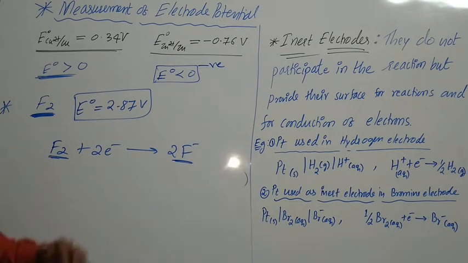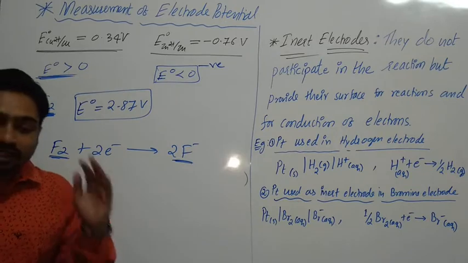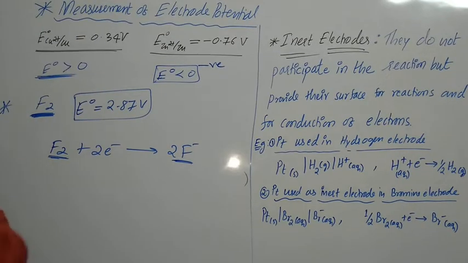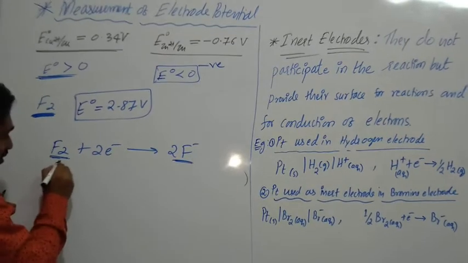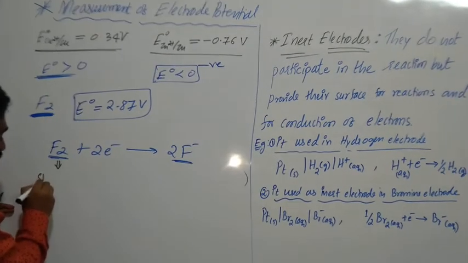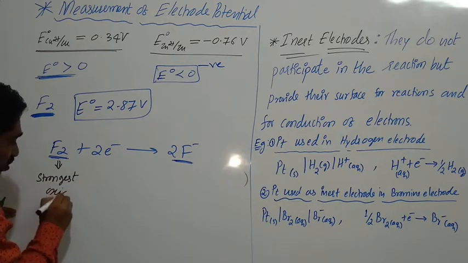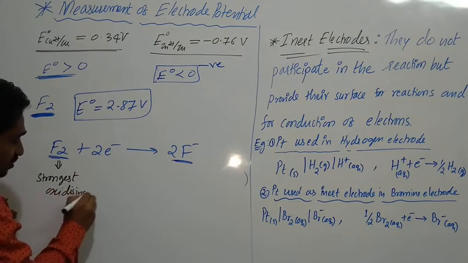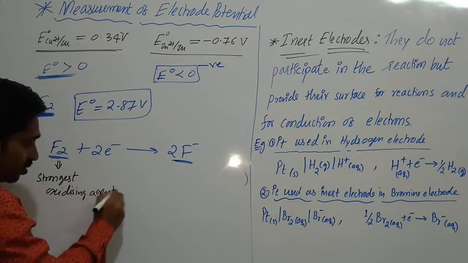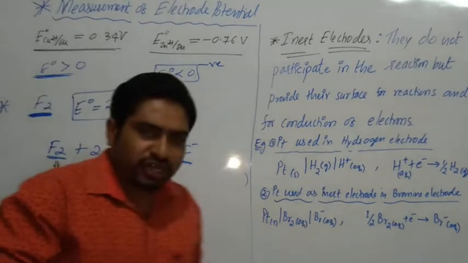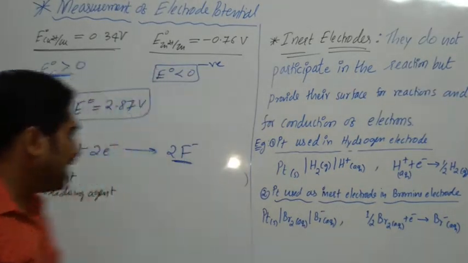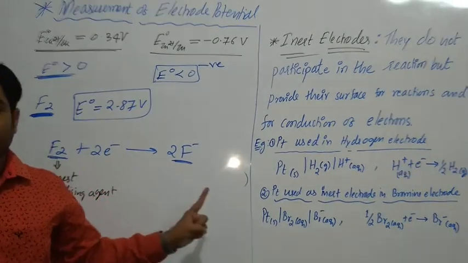You might remember that in a redox reaction, the component which is reduced is called the oxidizing agent. So here fluorine is the strongest oxidizing agent. Why? Because fluorine will abstract electrons from any source and is converted into fluoride ions.